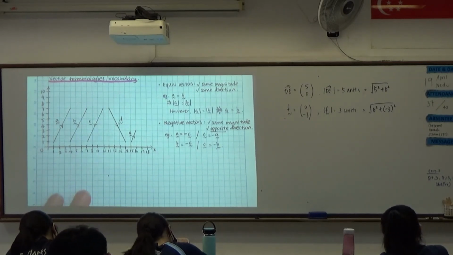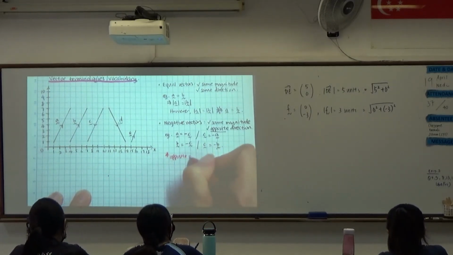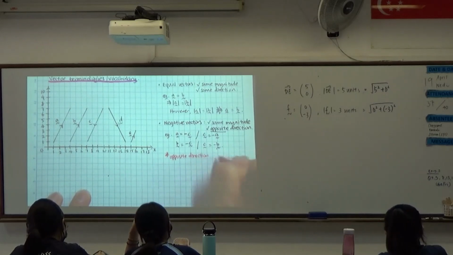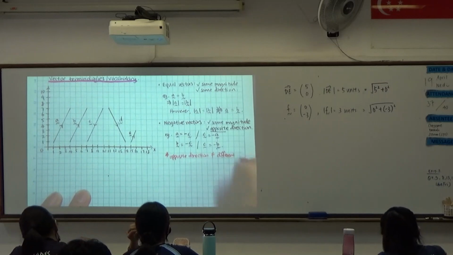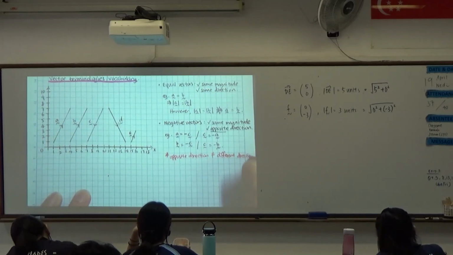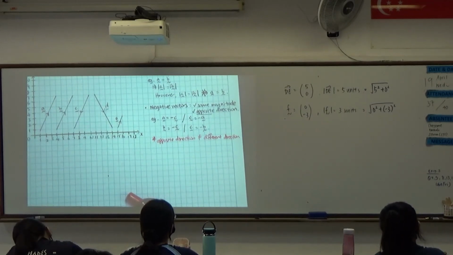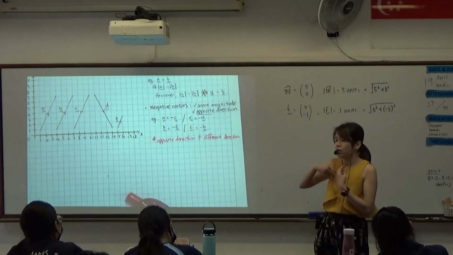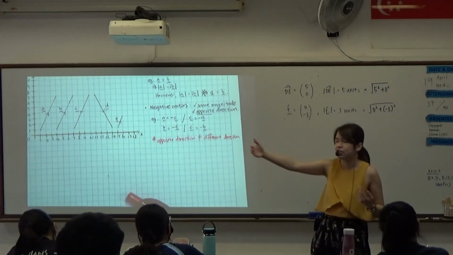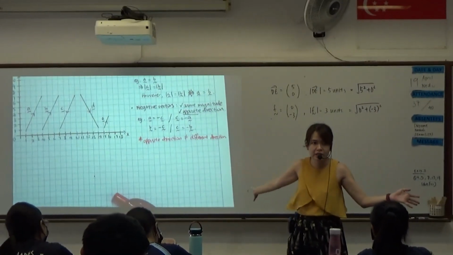I want us to take a very important note, which is that opposite direction doesn't have the same meaning as different direction. This one we have to be very clear, because even in real life, if let's say I'm telling you that, for example, Xing Xuan is going to the left and she exits out of the door, but I'm going to the right, we are traveling in opposite directions.